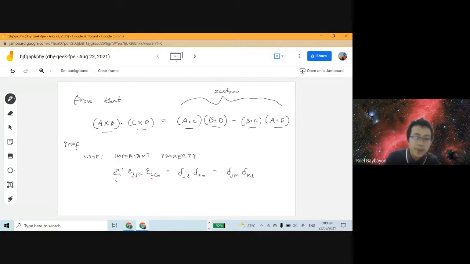Tanawa ang pattern, no? First na Kronecker delta is nakoy jl. Ang partner ni j is katong second nga index, jl. Next na po is k and m. So ito, nakoy jl, second index, and then third index, nakoy jl and km. Minus sa katong alternate nga second and third, jm and kl. Okay, take note of that.